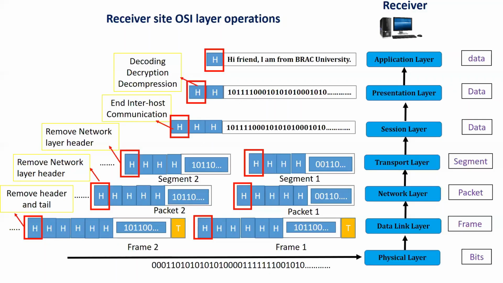So now we know how the sender device processes the information and transfers it through the media. On the receiver side, the device performs the reverse of the encapsulation process. That means each layer on the receiver side removes the current header, and after reading the header, it processes the information and then transfers it to the upper layer.